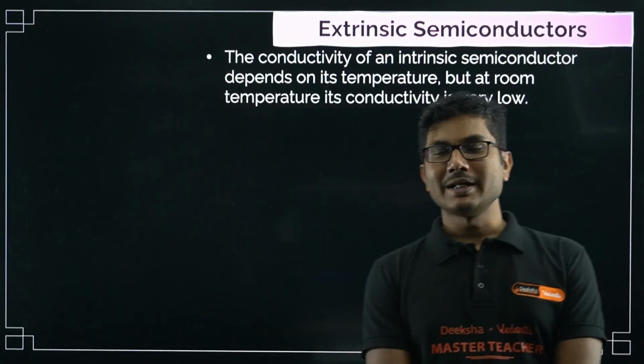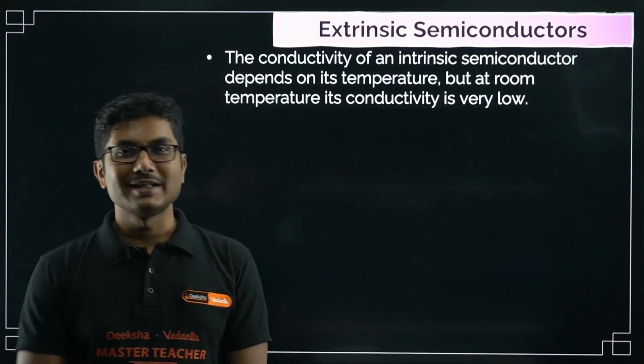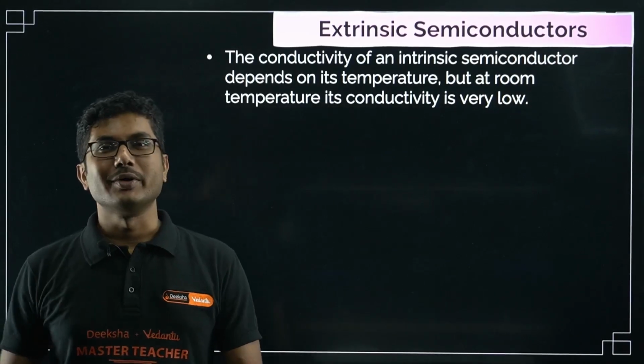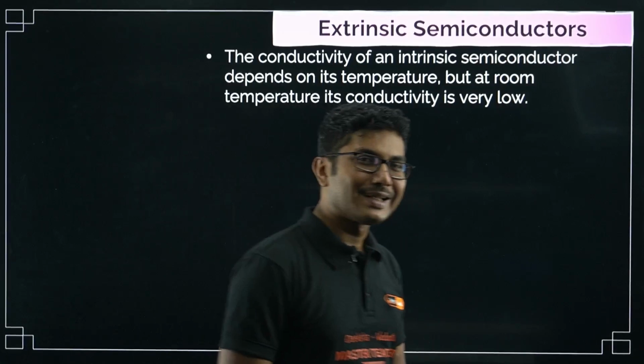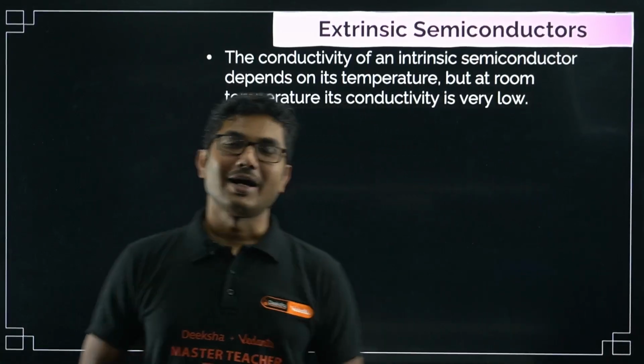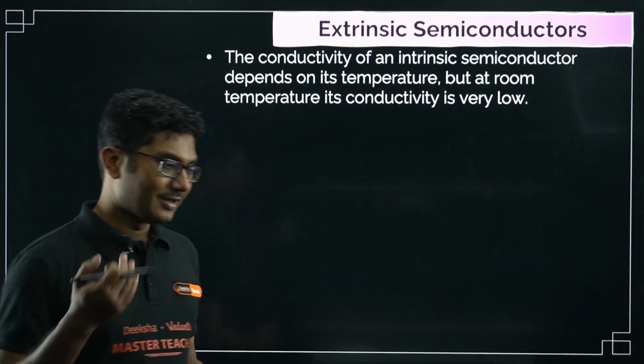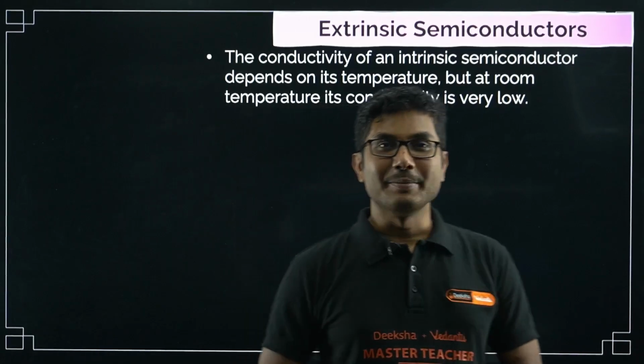What is the primary condition? Normally it will not conduct, so you have to put it inside a heater to make it work. Right, but that is not possible. If you heat it too much, your display will burn, your other circuit parts will burn.